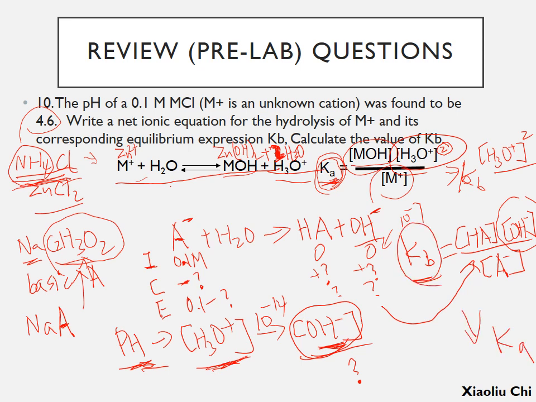and then from there you calculate Ka. All right, so you note the difference from the ammonium chloride salt. For a salt with a cation from a weak base and an anion from a strong acid, you write Ka. Hydrolysis gives you hydrogen ion, you write Ka, and then from the pH value you calculate the hydrogen ion equilibrium concentration, you calculate Ka and then Kb. But for a basic salt like sodium acetate, you calculate Kb first.